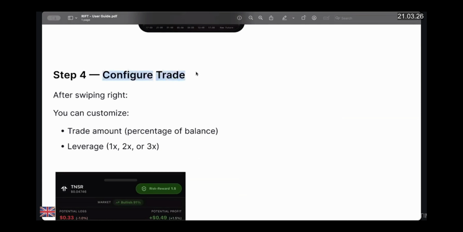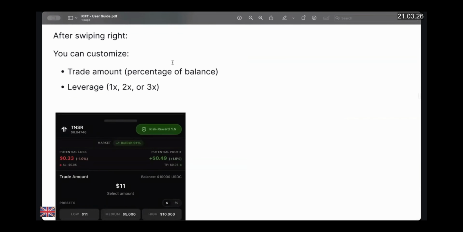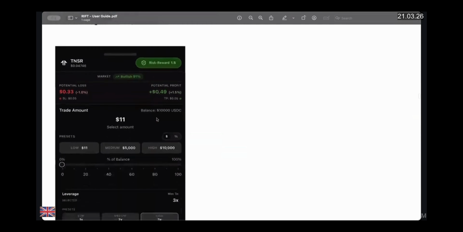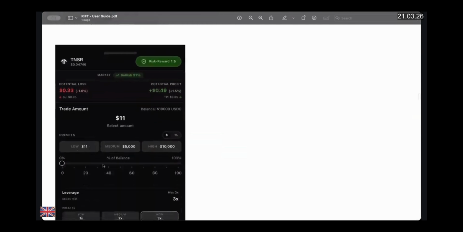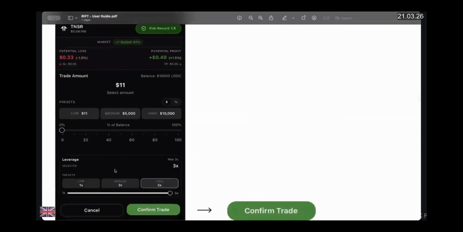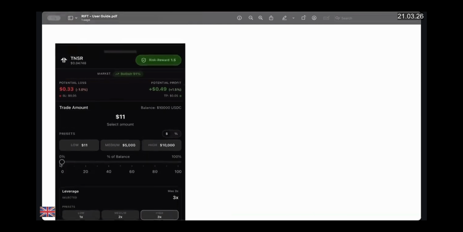Then you have the option to configure the trade. You can customize the trade amount, the percentage of balance, how much you want to spend on this particular trade, and what sort of leverage you want to borrow. Depending on the leverage and the ticket size, potential profit, potential loss, and stop loss are defined, and whether the market is bearish or bullish, and the risk to reward distance is presented to you.